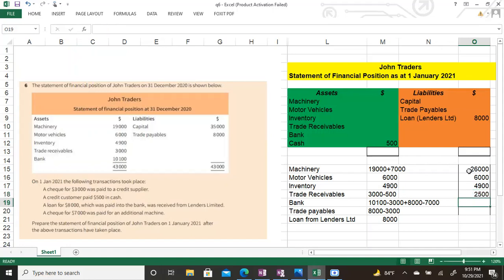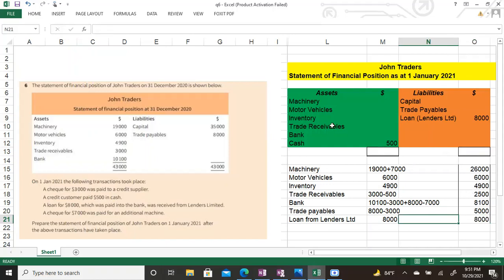Then bank is 10,100 minus 3,000 plus 8,000 and minus 7,000, which will give you 8,100. And trade payables 5,000 and loan from lenders 8,000.